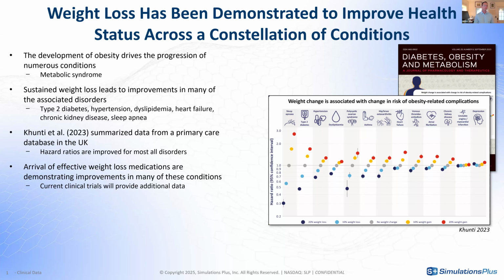So weight loss really impacts myriad related conditions for patients with obesity. As the figure in the Kunti et al. citation shows, it really nicely describes that weight loss can improve hazard ratios for sleep apnea, type 2 diabetes, dyslipidemia, PCOS, and many more maladies. Again, we often refer to this as the metabolic syndrome.